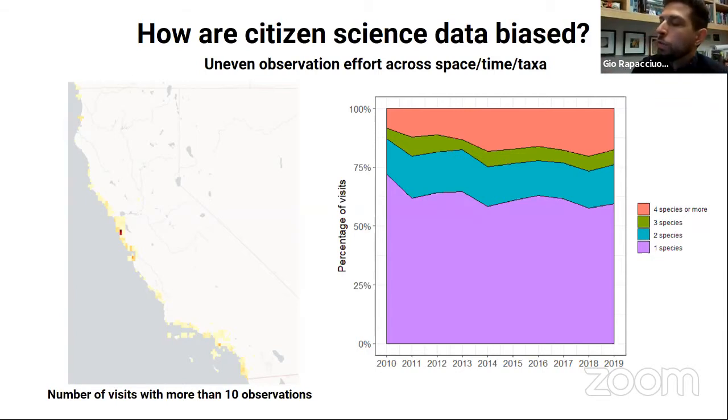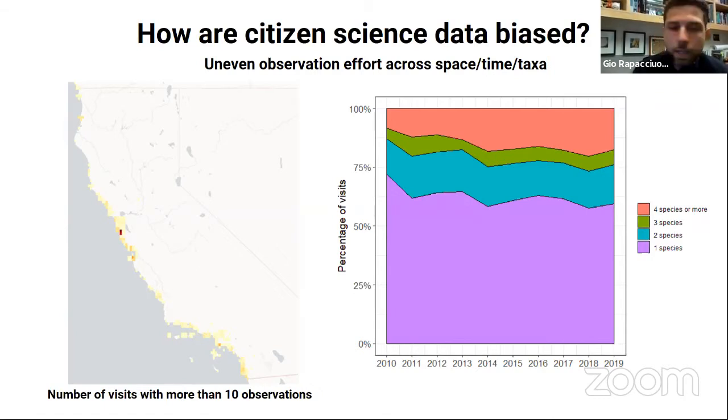And so, for instance, a BioBlitz during Snapshot CalCoast is a much more detailed sampling event on iNaturalist than perhaps a single observation during a hike in one morning unrelated to Snapshot CalCoast that maybe generates a couple of observations.